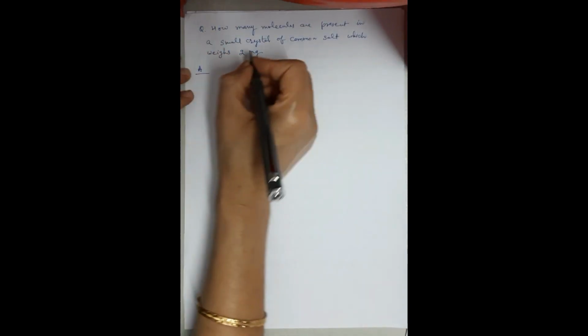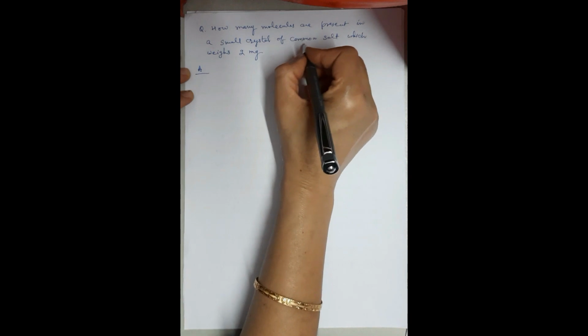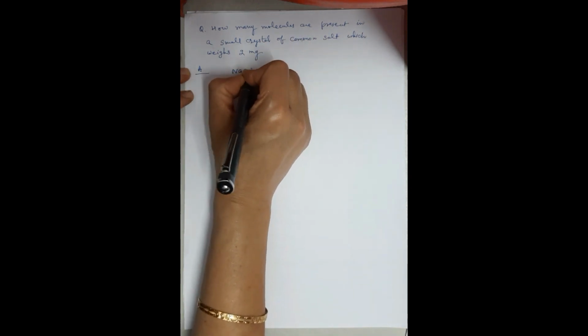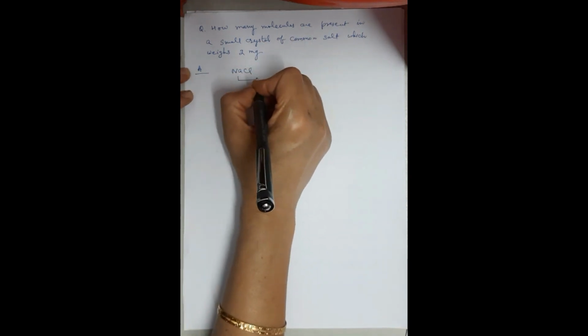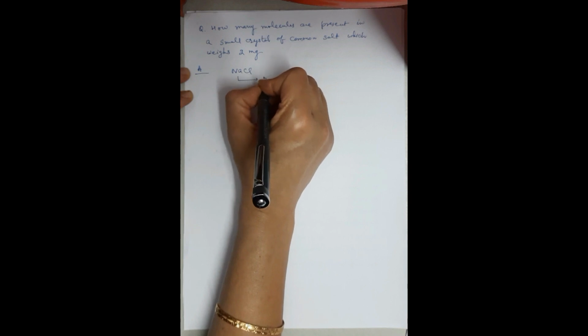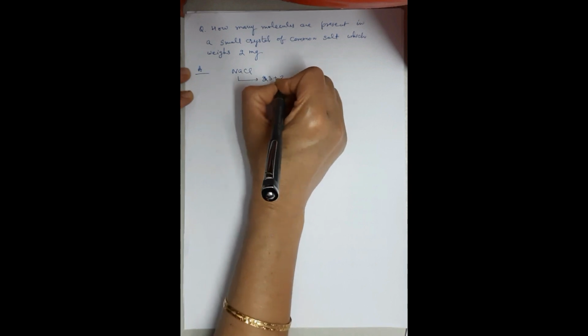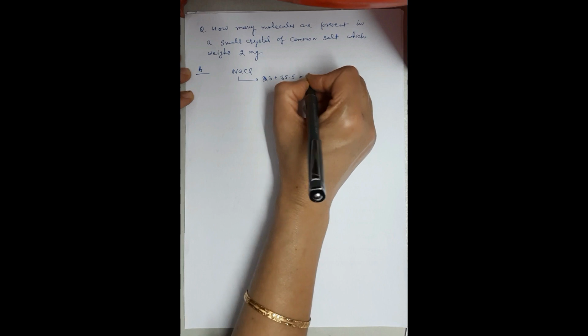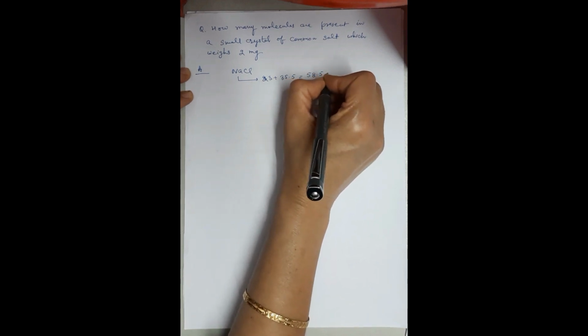So how will you say? First of all, what is common salt? Common salt is NaCl. What is its molar mass? It is 23 plus 35.5, it is 58.5 grams.